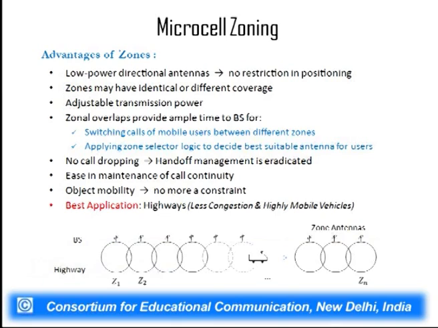Then the zonal overlaps provide ample time for the base station to perform two important tasks: switching the calls of mobile users between different zones, and applying the zone selector logic to find the best suitable antenna for the users. Remember that in cell splitting or cell sectoring, it is the function of the base station to decide which antenna is best suited, that is, which next potential base station is for our mobile handheld device.